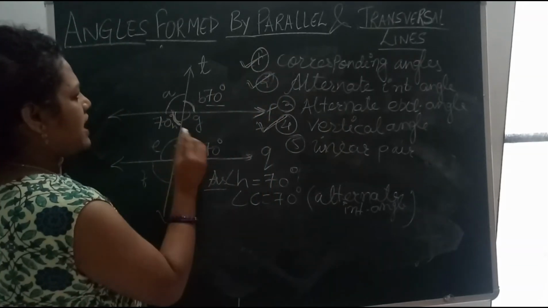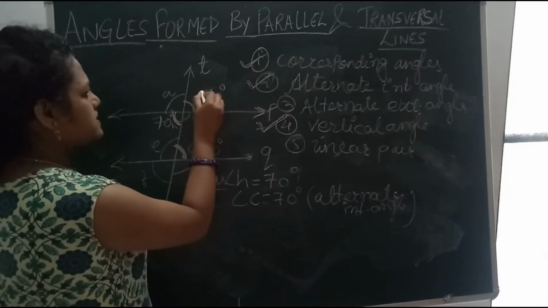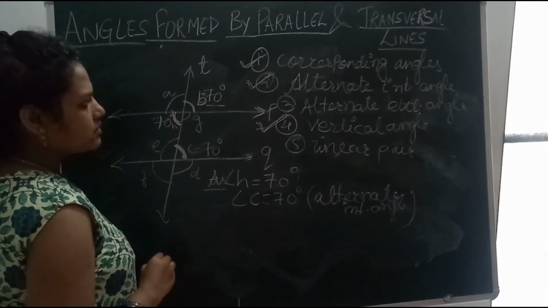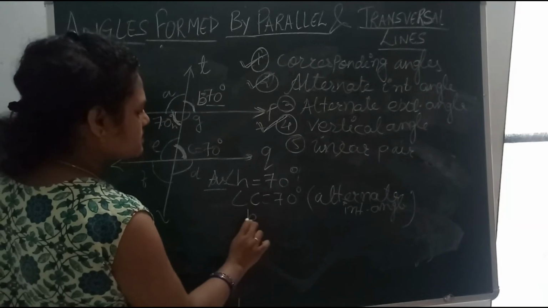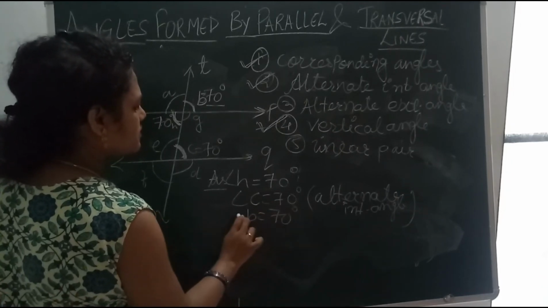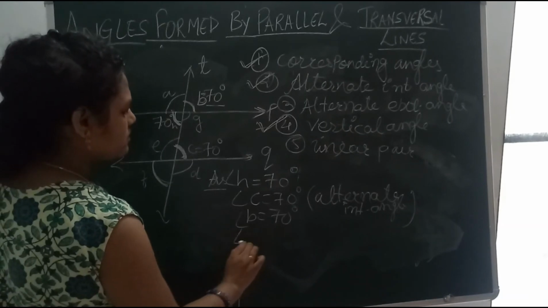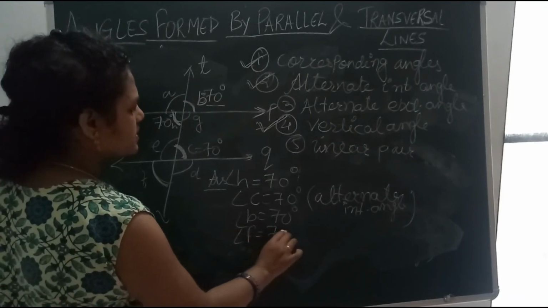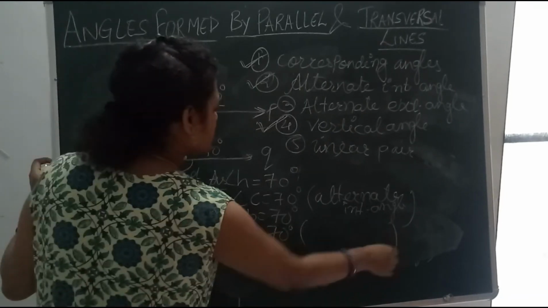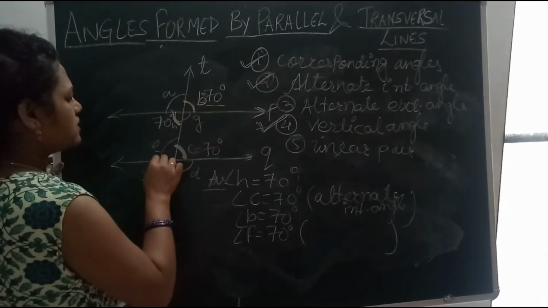As your B is 70 degrees, this F can also be 70. How? What did we read?